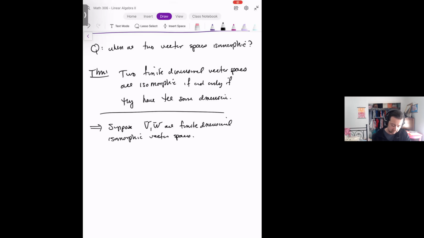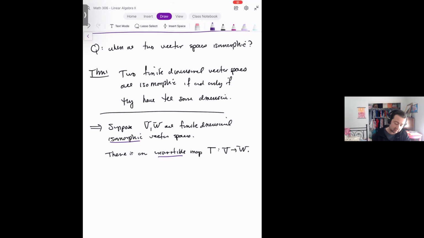To be isomorphic means there is an invertible map T that takes V to W. Now we unwind one step further.